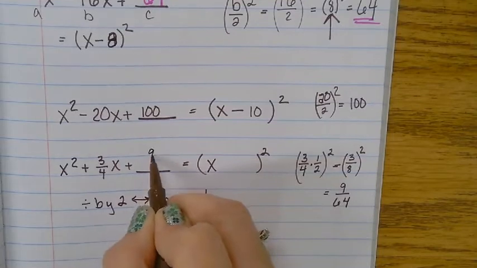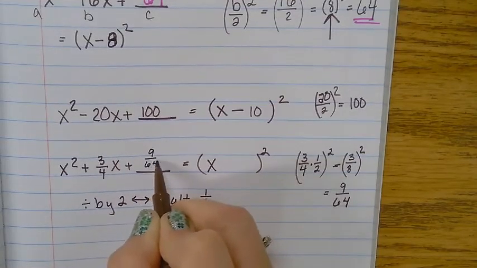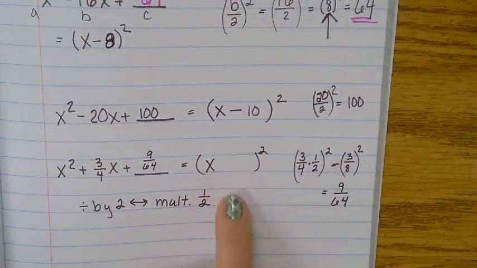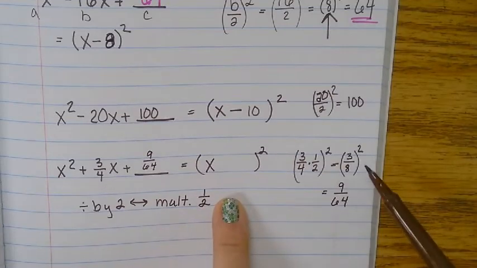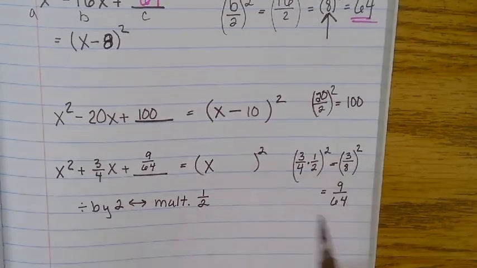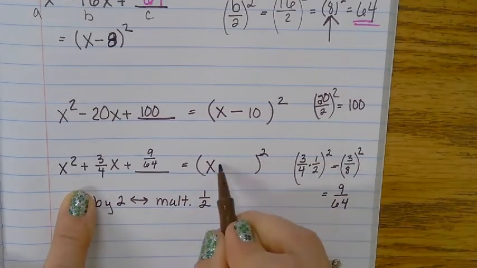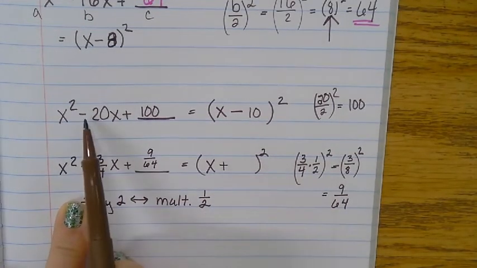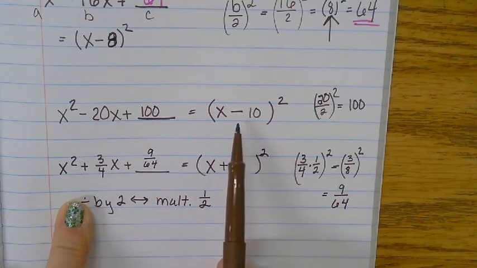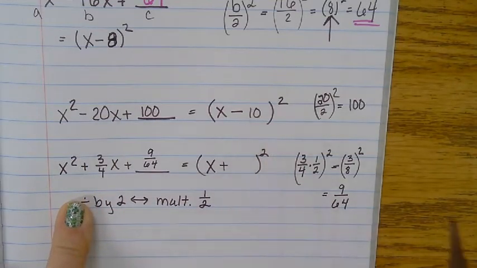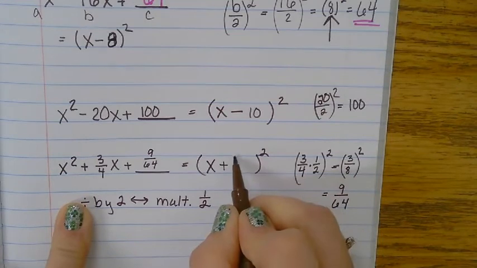So this is 9/64. And then what goes in here? The 3/8. Since this is positive, it's positive over here. See up here, it was negative in front of the 20, so it was negative in the parentheses. So plus 3/8.